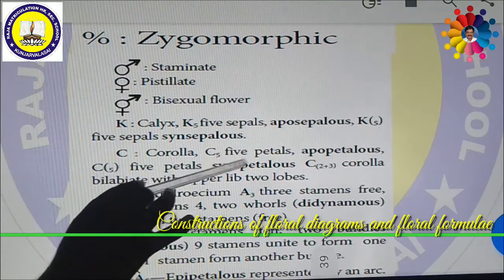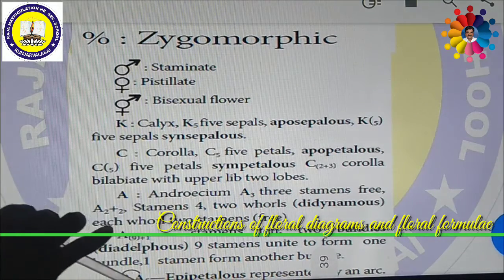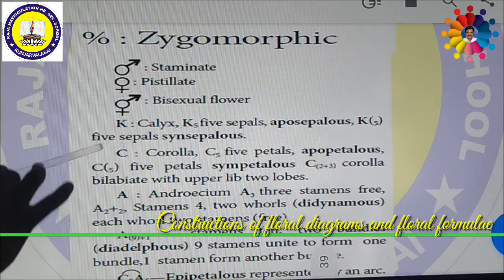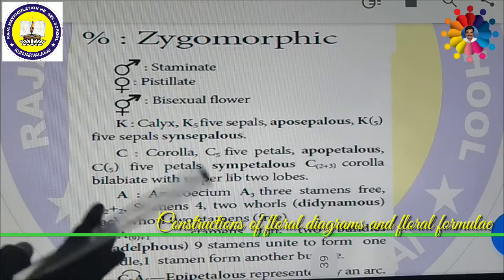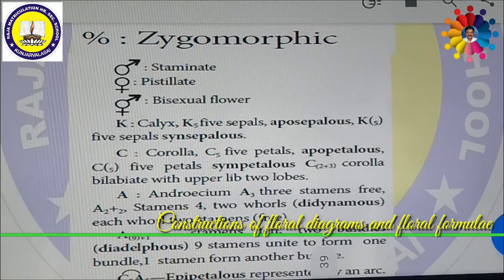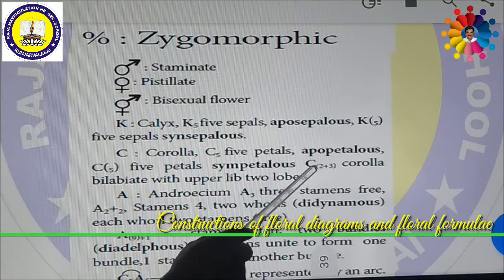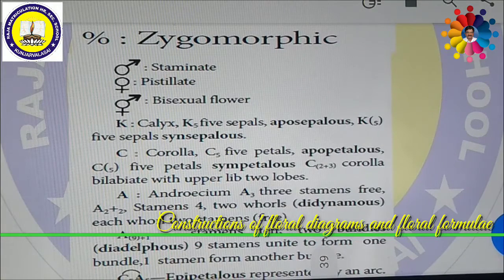So if it is apopetalous, C5. If it is sympetalous, C in bracket 5. Once again, if it is bilabiate, that means 2 petals are joined together separately and 3 petals are joined together separately, that can be represented as C bracket 2 plus 3. So this is a bilabiate flower.